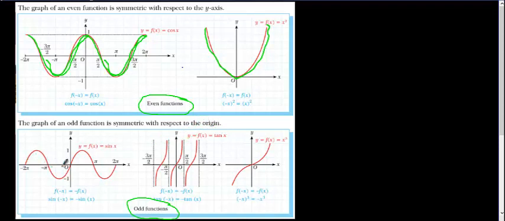So this part and this part should be the same with respect to the origin. Normally, with respect to the origin, we should get the symmetry 2 times. We should fold this one here, and here also we should fold.